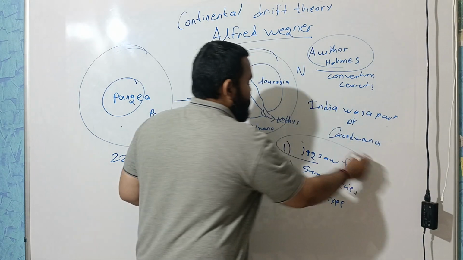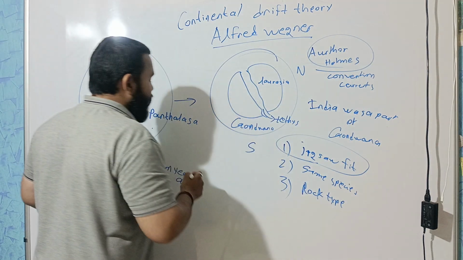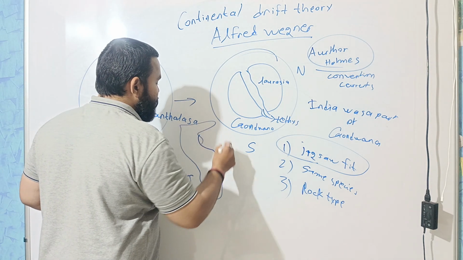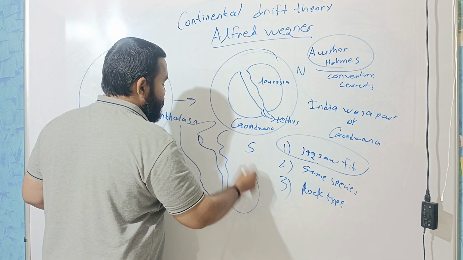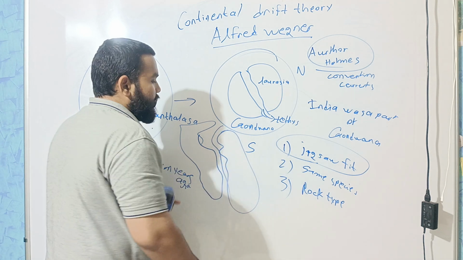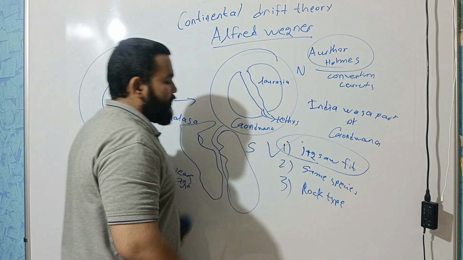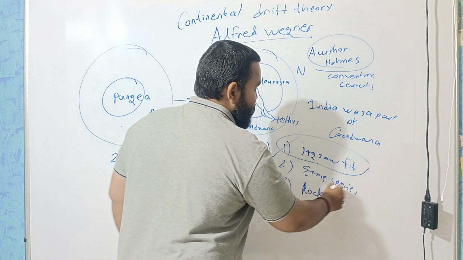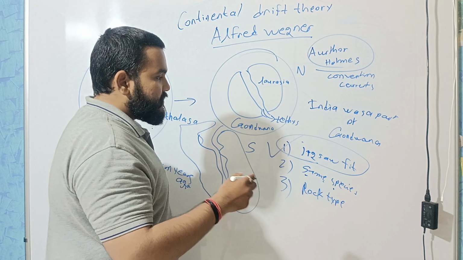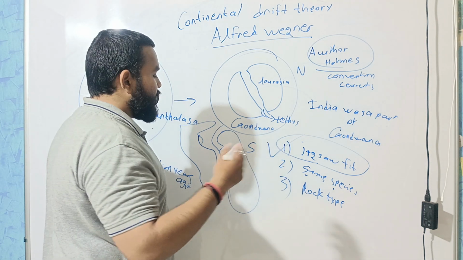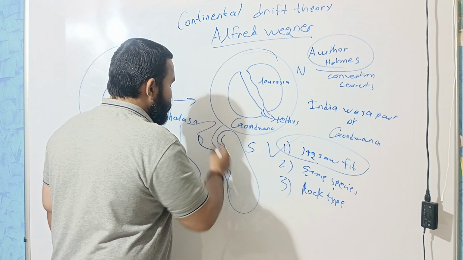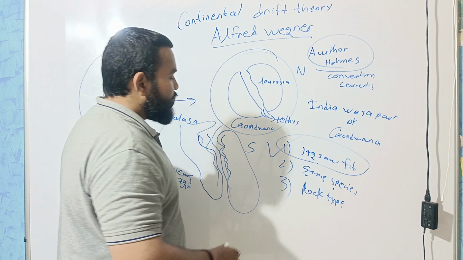The first evidence tells us about South America and Africa. South America is like this, and South Africa is like this. If you combine them, you see a jigsaw fit. So that's one evidence. Second evidence, the same species found on the other side. The bears or the penguins or other similar species have been found at this portion and this portion also.